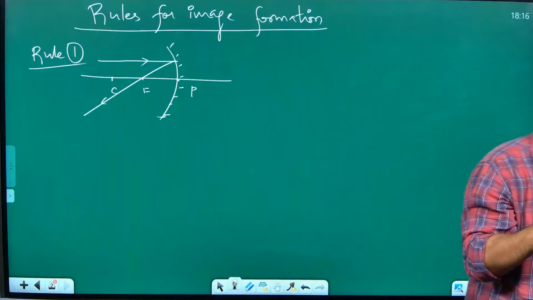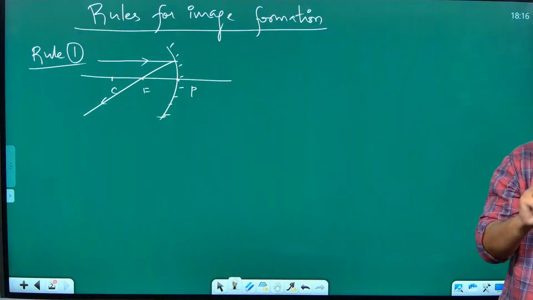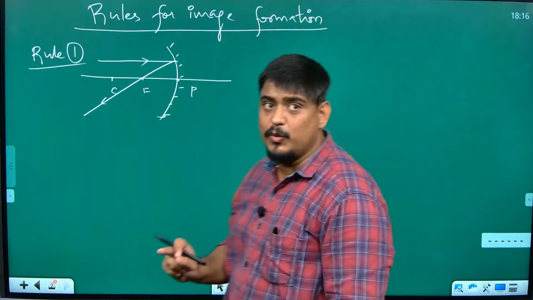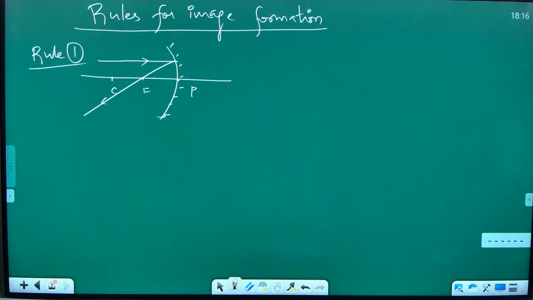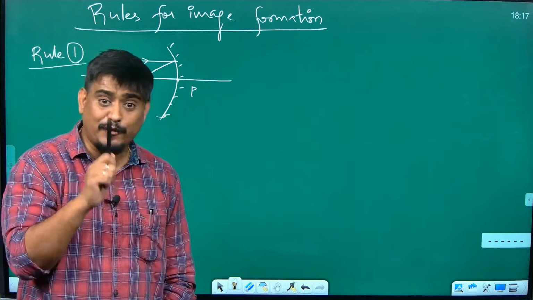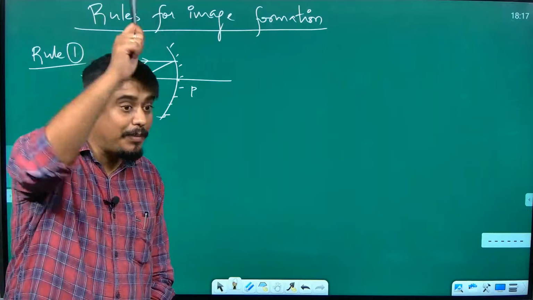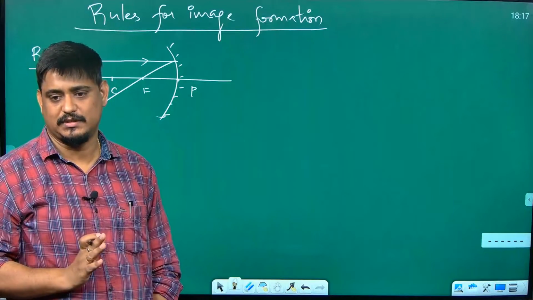I will repeat this. Any ray going parallel to principal axis, I will give time for writing, Mridini, listen. Any ray which is going parallel to principal axis after reflection will pass through focus.